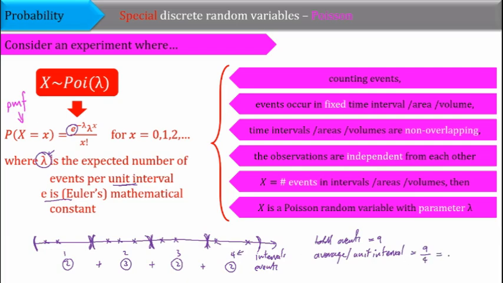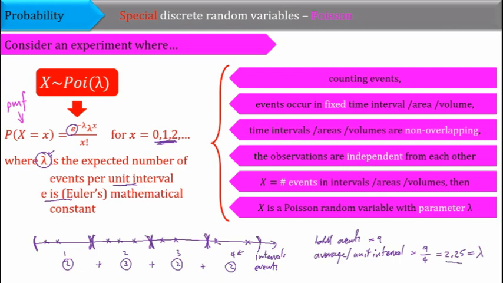So this is going to be 9 divided by 4, so 4 goes into 9 2 times. We carry the 1, 4 goes into 10, 2 times as well. Then we carry a 2, 4 goes into 20, 5 times. So this will be my lambda, 2.25. Now please note, although we are counting events, the average of a distribution is not necessarily a possible value.